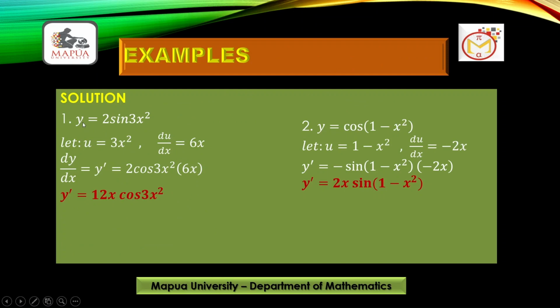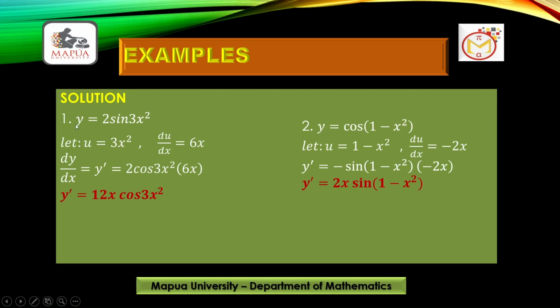First function is y equal to 2 sine 3x squared. So the given angle measurement here is 3x squared. Since we have to multiply by the derivative of the angle u, we look for the derivative of u. By means of power rule, this is 6x.